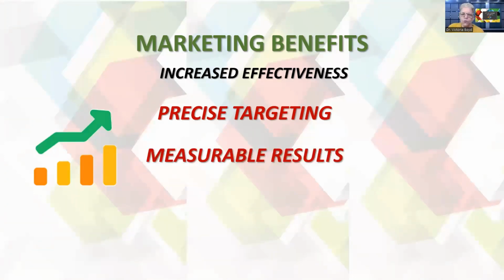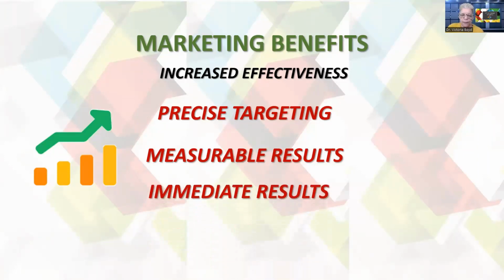You will have measurable results. That is so important, because how are you going to know whether or not you need to tweak your ad or whether or not it's effective if you can't measure the results? You'll see immediate results. Now, I'm going to put a small caveat to that.